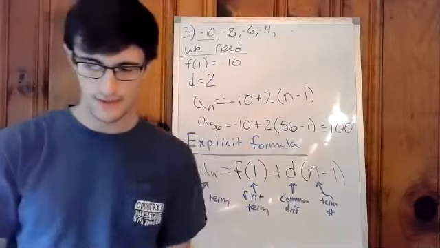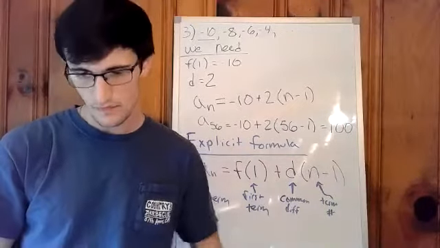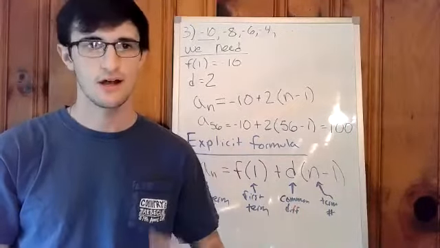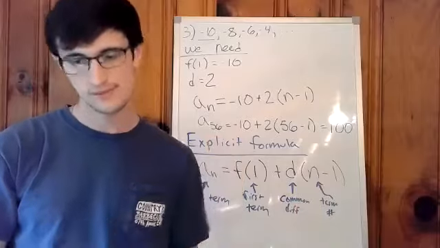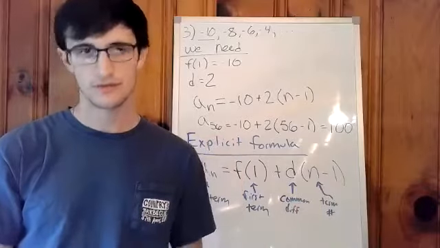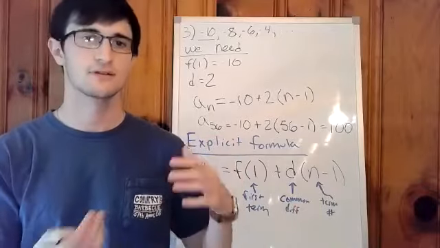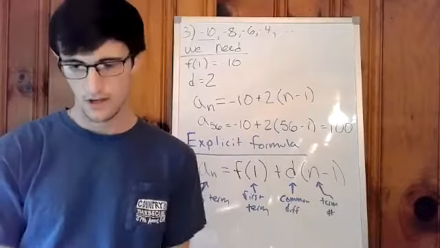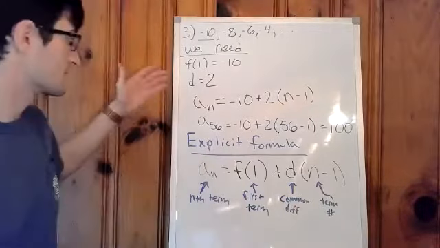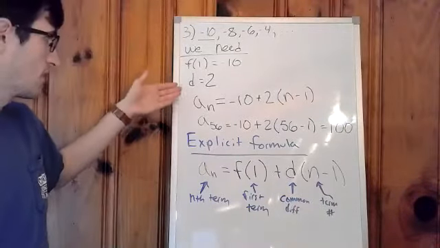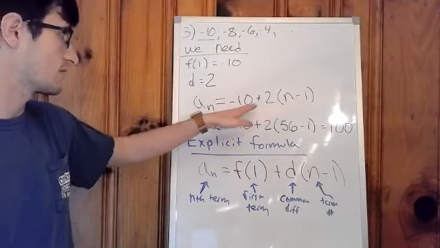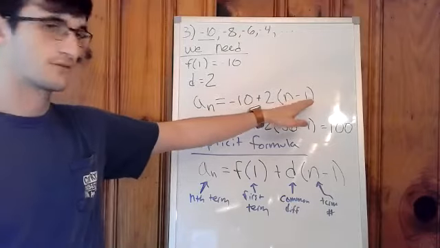So again, let's go left to right, looking at the columns. Arithmetic or geometric: this one is arithmetic. Next, common difference or ratio: the common difference was 2. Explicit formula was this right here, a sub n equals negative 10 plus 2 times n minus 1.